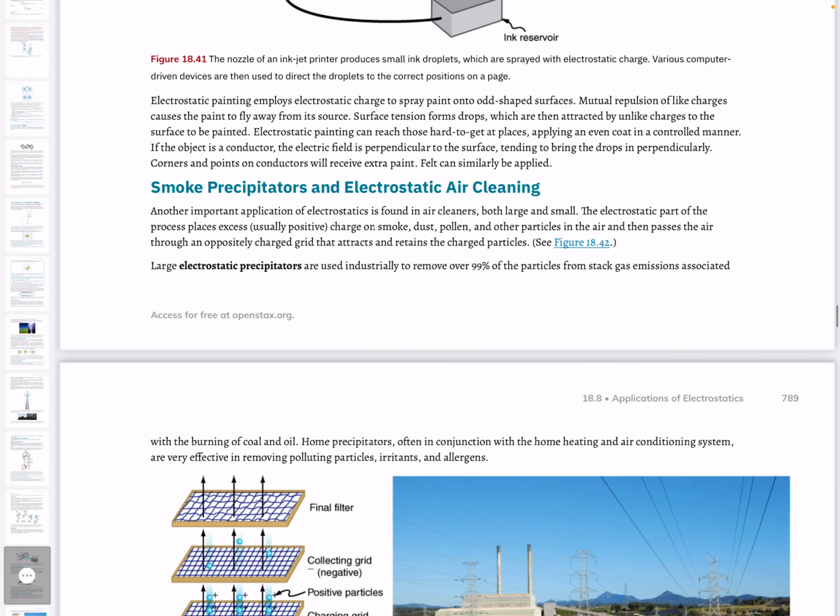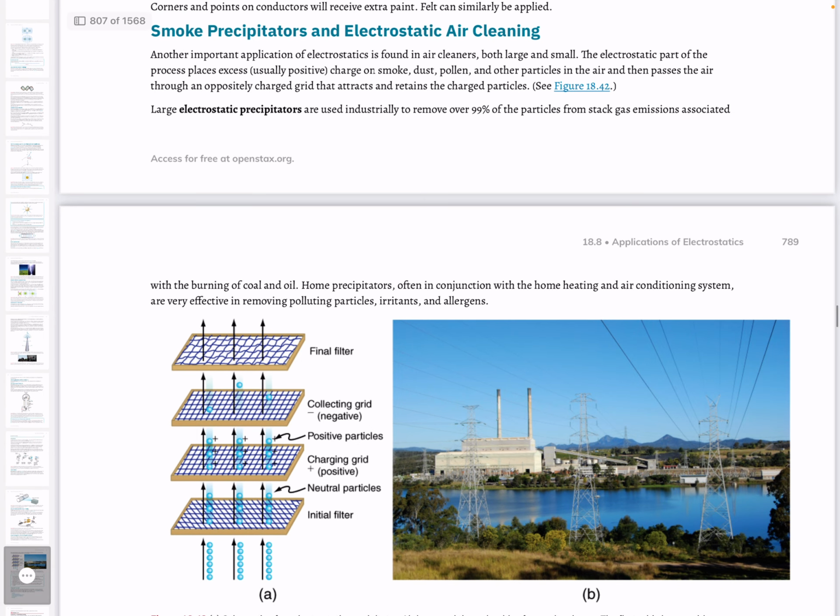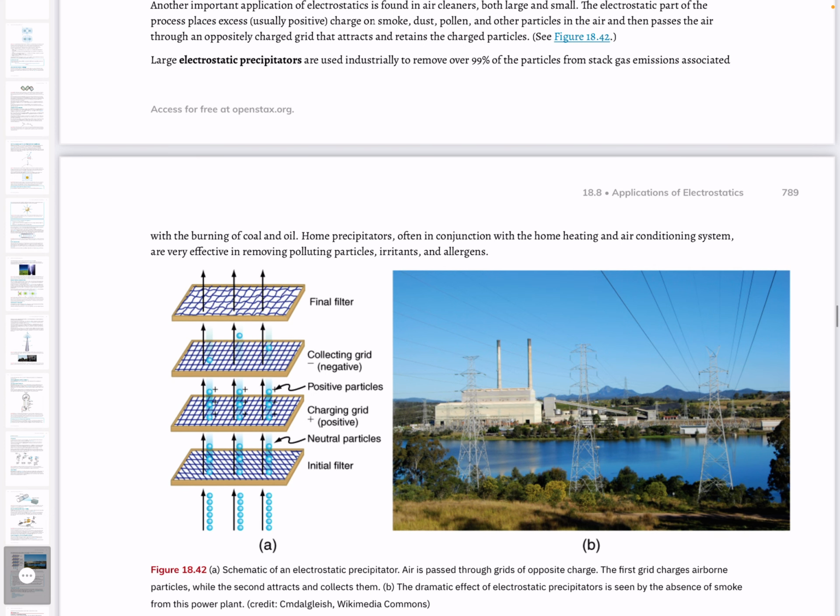Okay, so smoke precipitators and electrostatic air cleaning. All right, so here we have some plant. Maybe it's a coal plant or a natural gas plant. You can tell natural gas plants from coal plants. See the conveyor belt in the middle there that lifts up? It looks like it's taking something up on a conveyor belt.